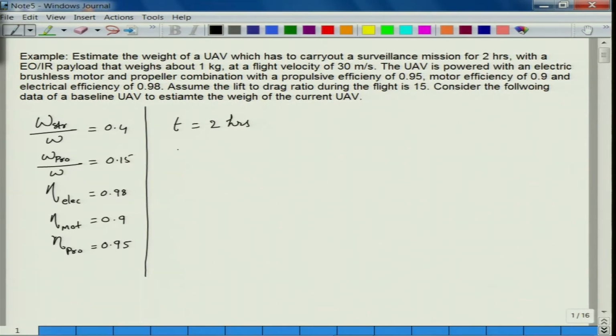Also, the specific energy density we have to consider for a battery is 100 watt hour per kg. So, the time of flight is 2 hours, the velocity of flight should be 30 meters per second, and L by D during flight is given as 15.